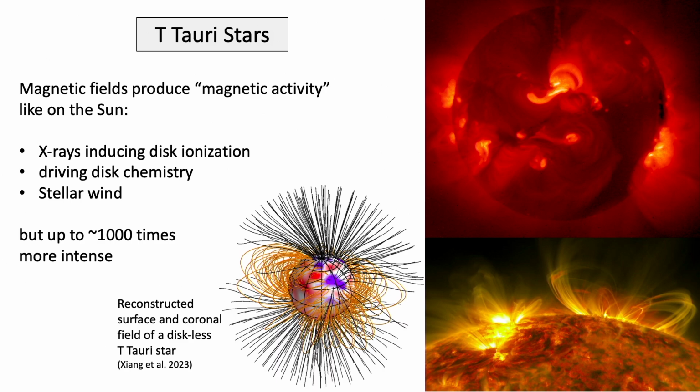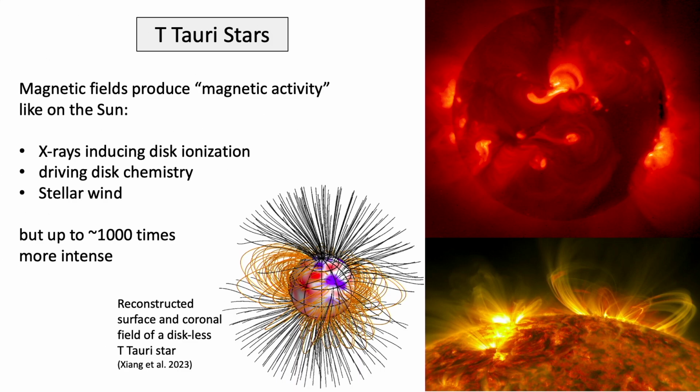Also here, you see these closed magnetic field lines, they're modeled here. And some field lines are open. It's also true for the sun. And along these open field lines, you have the solar wind escaping, or part of the solar wind. And so we'll probably also have stellar winds driven by the stars, by the magnetic fields.